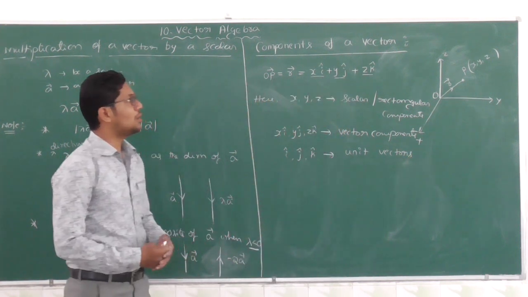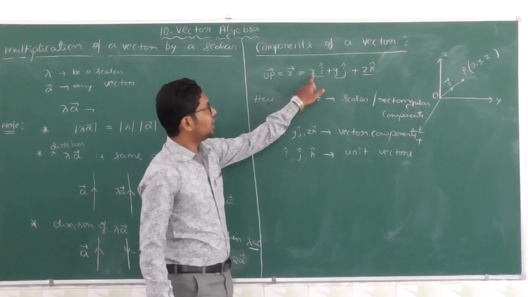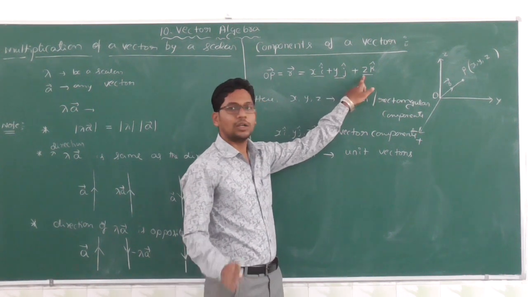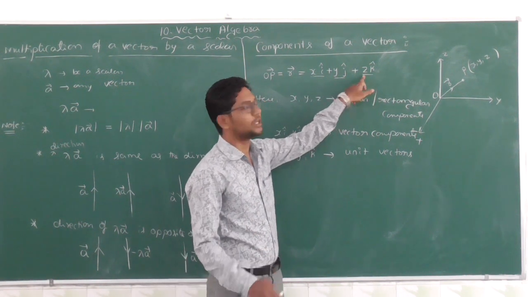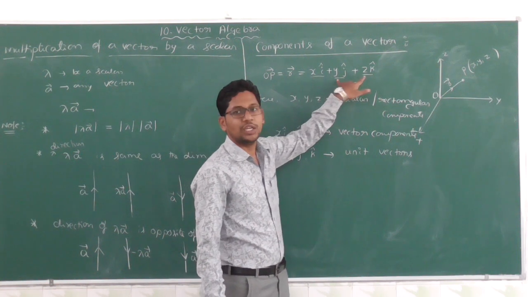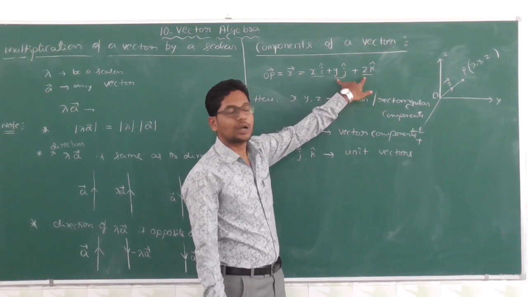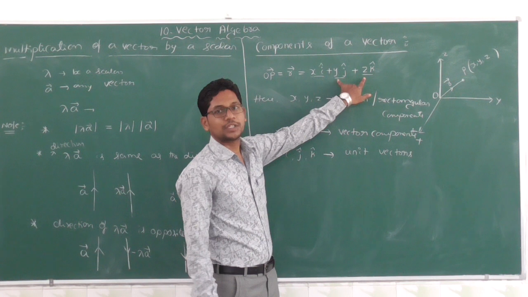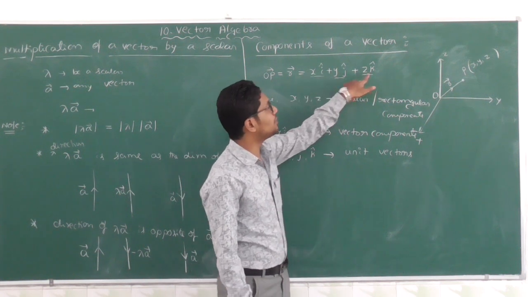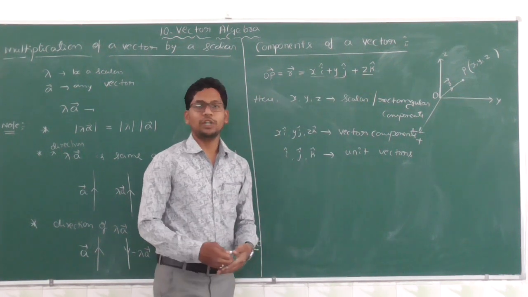Hence, these are the components of a vector. Once again, x, y, z are called rectangular or scalar components. x i, y j, z k are called vector components. Here, i cap, j cap, k cap are the unit vectors.